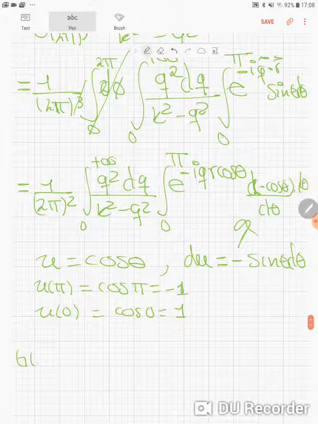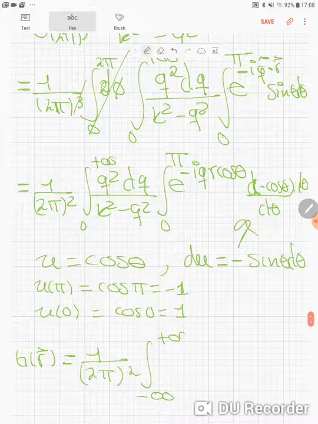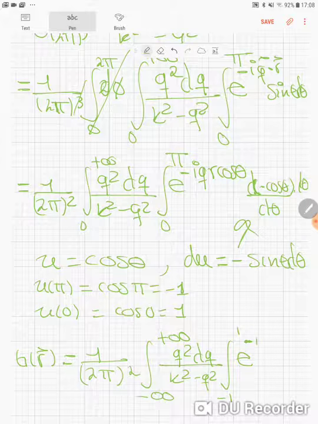And then g(r) can be written as 1 over 2π² integral from minus infinity to plus infinity of q² dq divided by k² minus q², integral from minus 1 to 1 of e^(-i q r u) du.